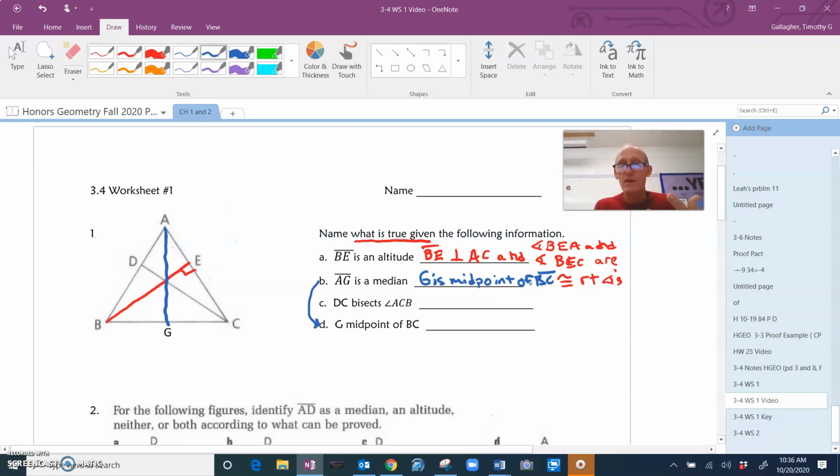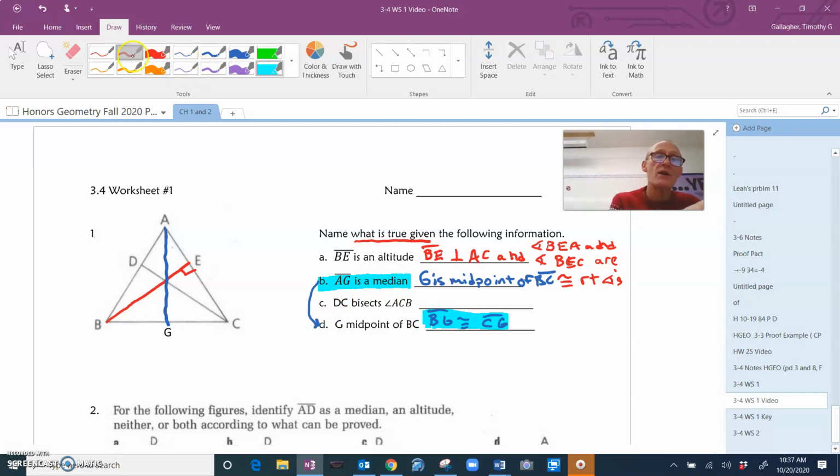So medians create midpoints. Medians create two congruent segments. So I think you can kind of jump ahead to this one and say G is the midpoint of BC, which is because AG is a median. So G is the midpoint of BC. You can say now that BG is congruent to CG. So really, I think that you can say BG is congruent to CG if AG is a median. So you have to make that connection.